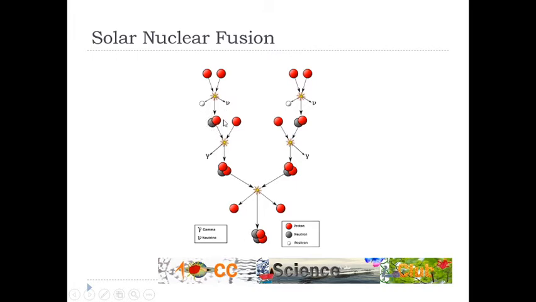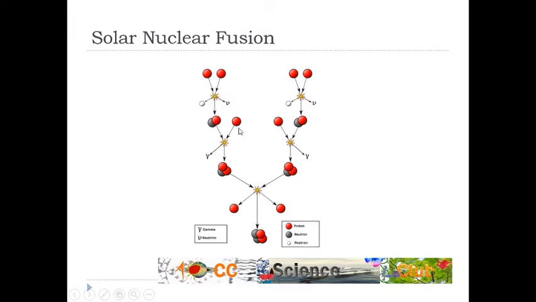I'm not sure whether to give it names like hydrogen, because I believe they are all stripped of electrons. But according to this chart, two protons come together to form a neutron and a proton, now one unit, with the emission of a positron and a neutrino.